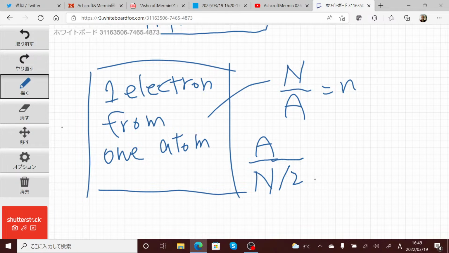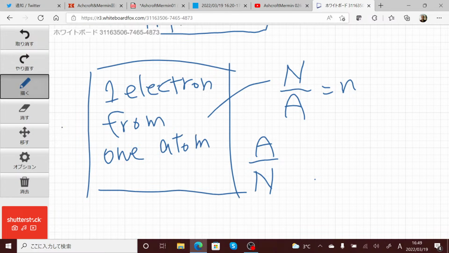Okay, we just do 1 electron from 1 atom.